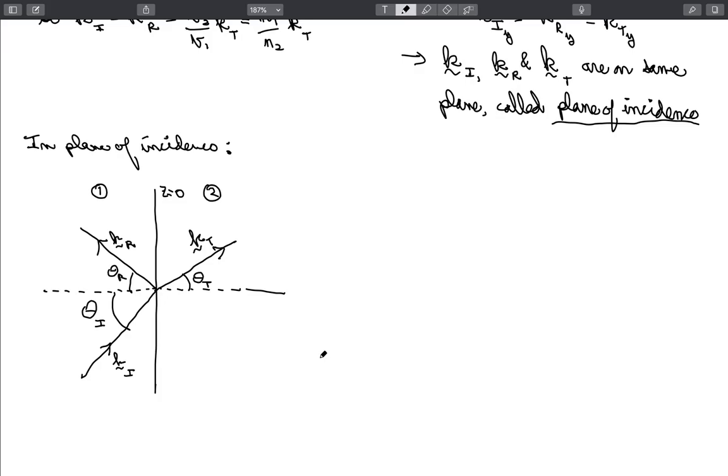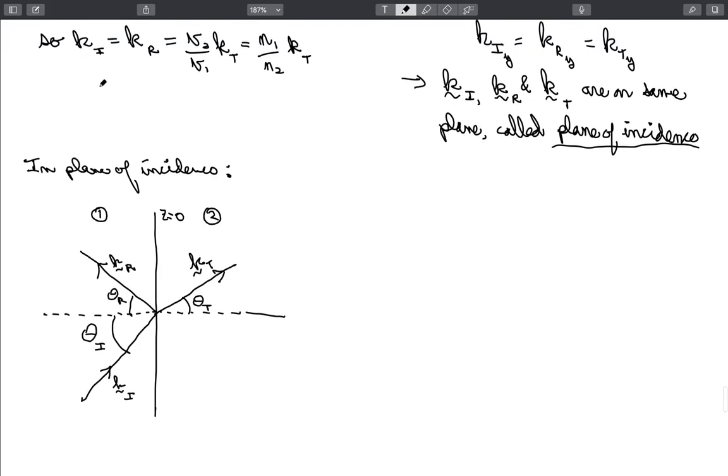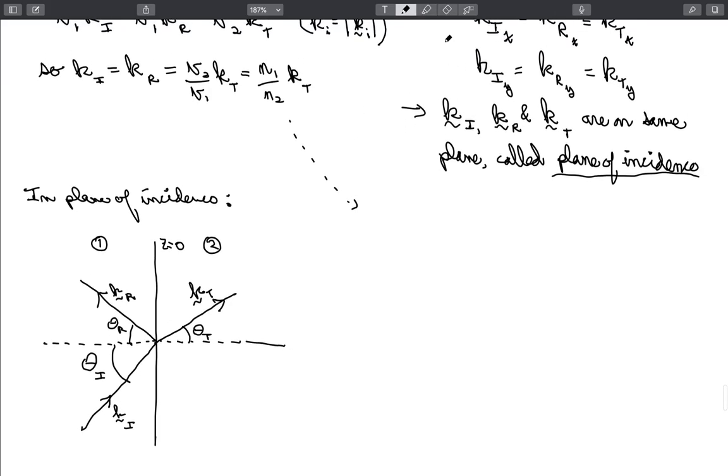Let's get going on this, because we already have the conditions that we need. So we have this rule here, and if we look at the consequences of this rule, specialized to these notations, once again the components that we have here have to be equal.